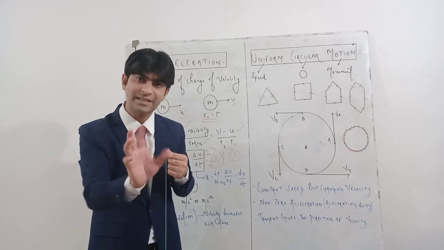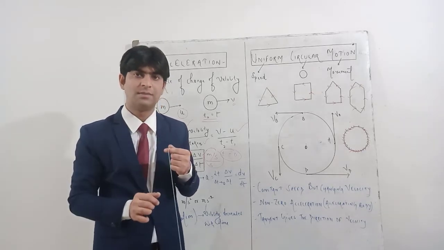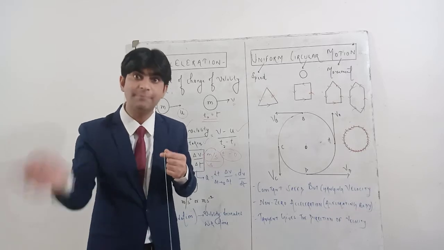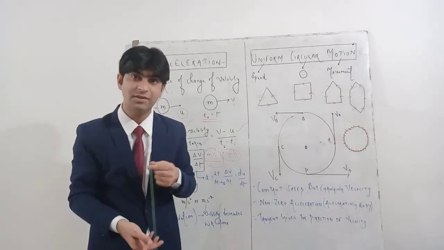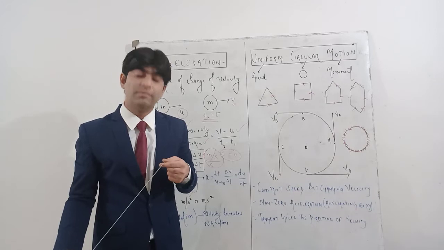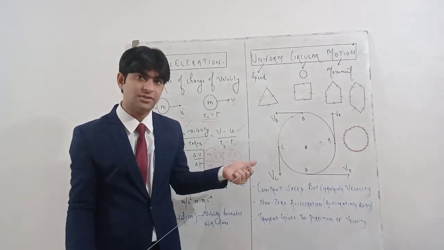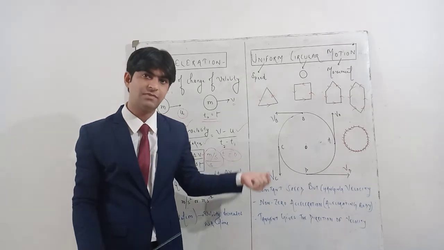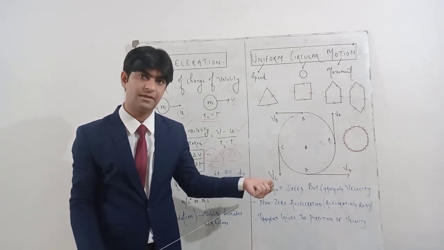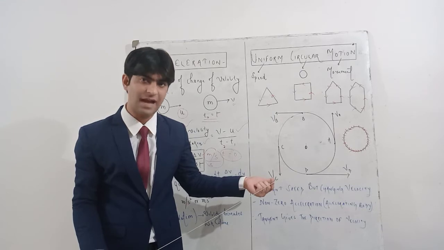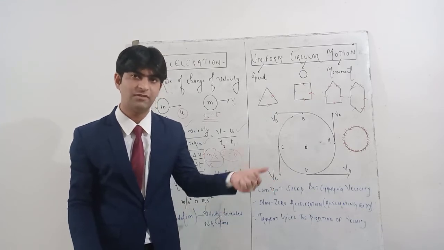Speed indicates only the magnitude part, but the direction is changing infinite number of times. If the direction is changing, the velocity will be termed as changing velocity, and therefore the acceleration will also be there. It will not be zero acceleration, it will have some value. That means the body will be accelerating.